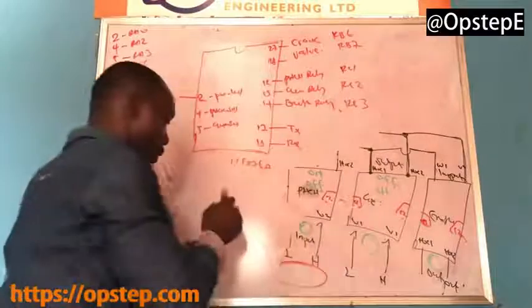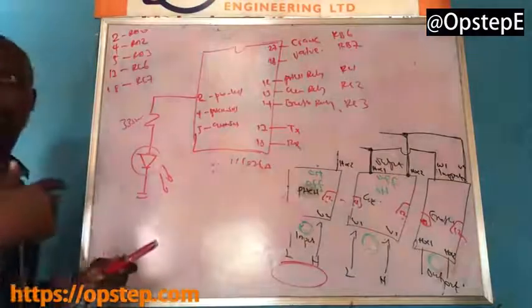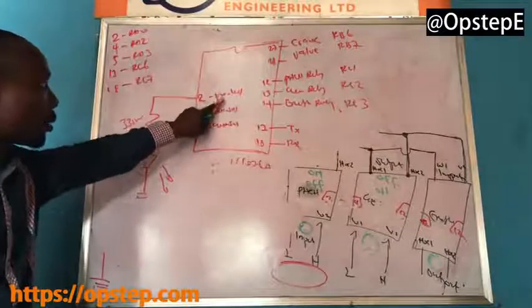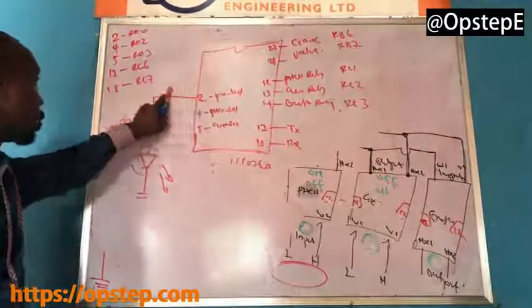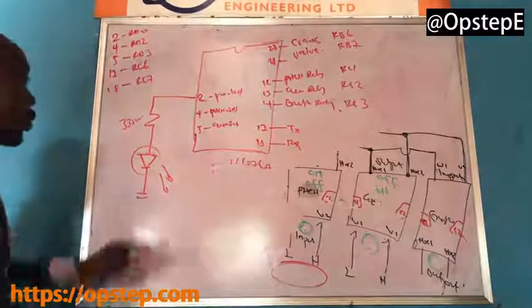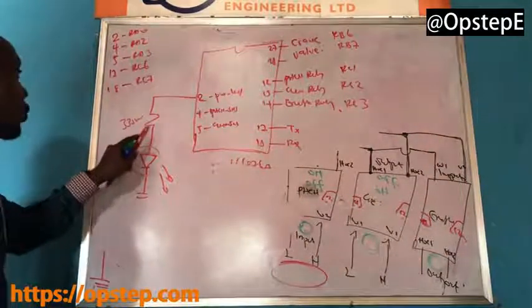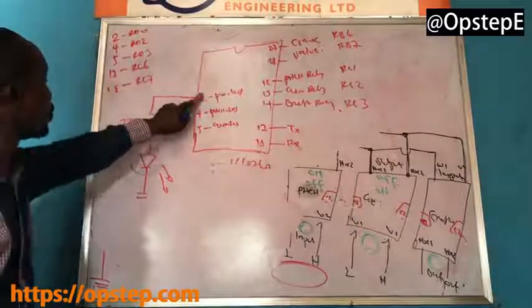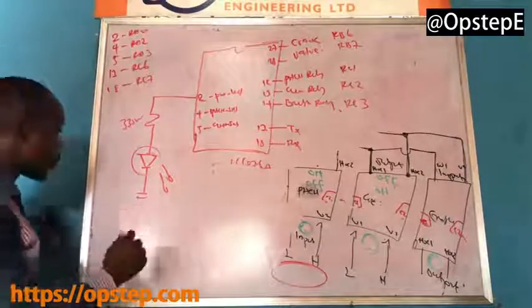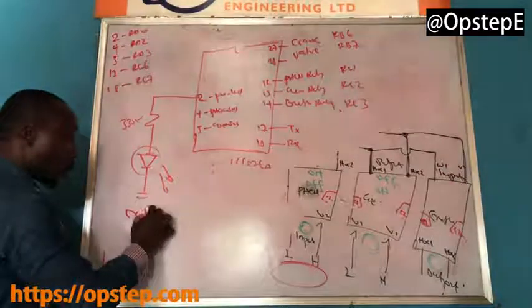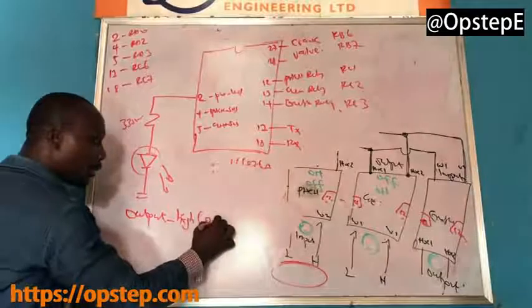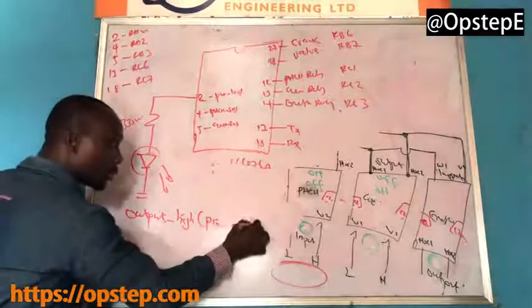Alright. Please look up. Can we continue? So you see that this power LED is connected through your pin 2 to this place. If I need to turn on the power LED, because the power LED is connected on pin 2, and pin 2 is your RA0, what I would do is I'm going to say in code output_high on pin_A0.